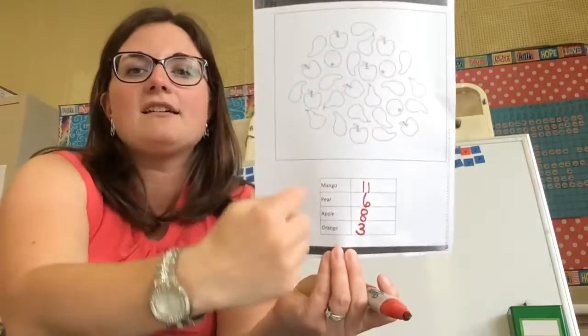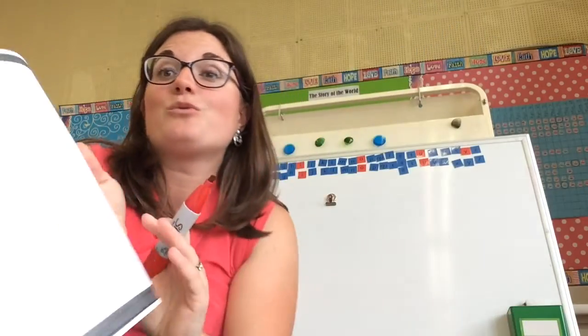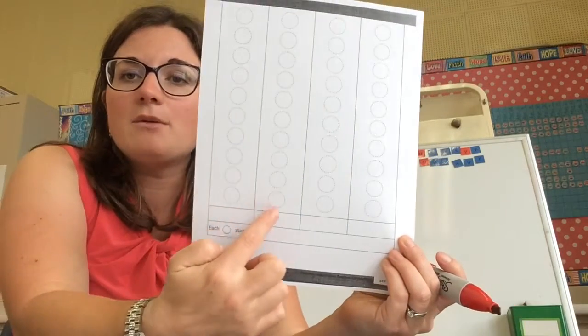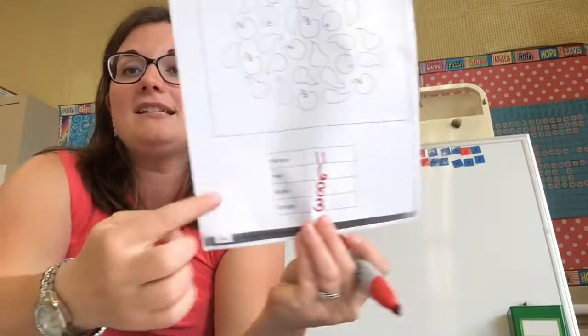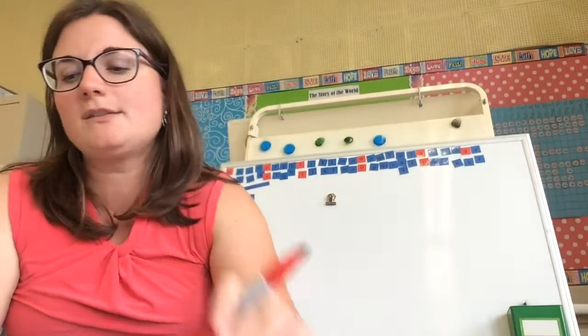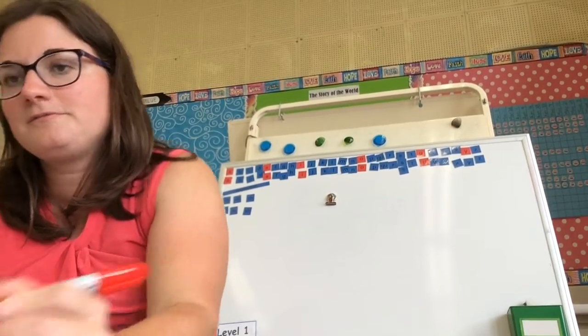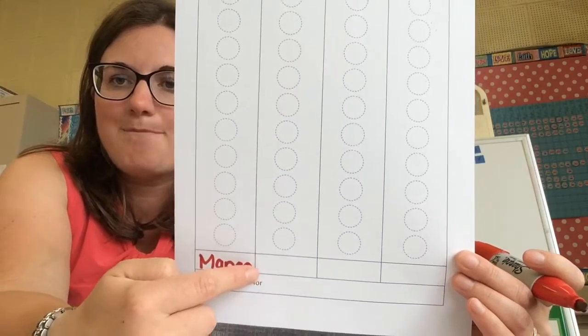Now we're going to take the information from our table, and now we're going to create our own picture graph. Okay, so along the bottom, we're going to write each of the fruits that we have. So the spelling is on your table. So the first one is we're going to write mango. Okay, so in the first box there, at the bottom, we're going to put mango.